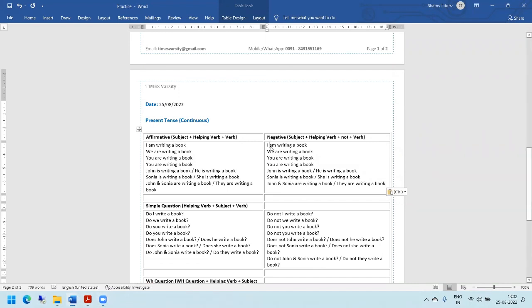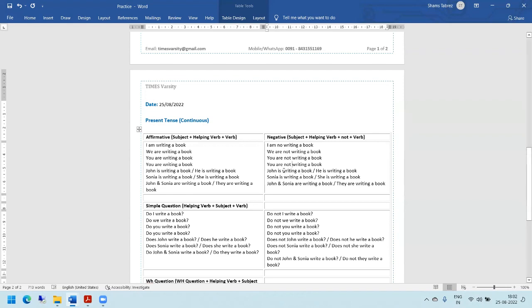Between the helping verb and verb, not is used. So I am not writing a book. Similarly, we are not writing a book. Just add not between helping verb and verb, and that makes a negative sentence.